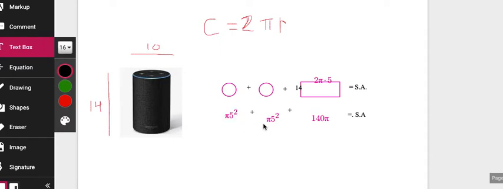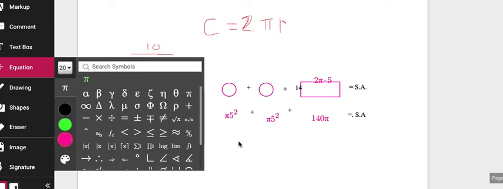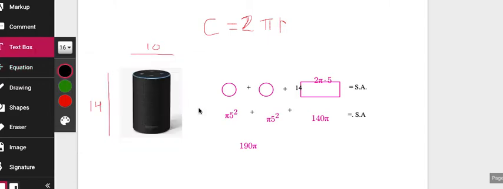So this was 25 pi, this was 25 pi plus 140 pi. Again, when I add, the variable doesn't change. So I'm going to have 50 pi plus 140 pi, which is going to end up being 190 pi. So I'm going to end up with 190 pi, and that is going to equal my surface area.